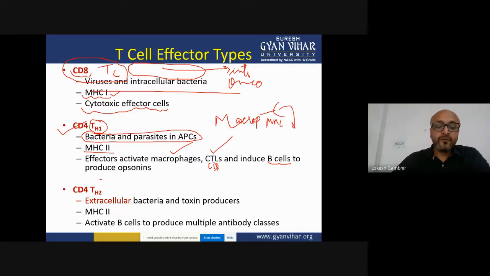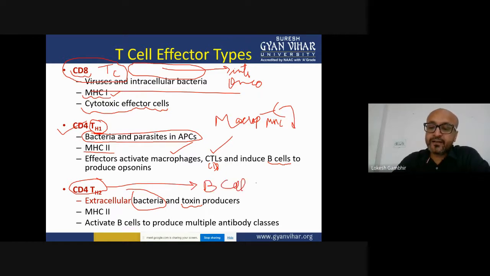Then Th2, it is against the bacteria, that is extracellular bacteria. We're not talking about any intracellular part, and the toxins or the peptides or the allergens that we're talking about. The whole sole motto of Th2 is to activate the B cell or activate the humoral response.